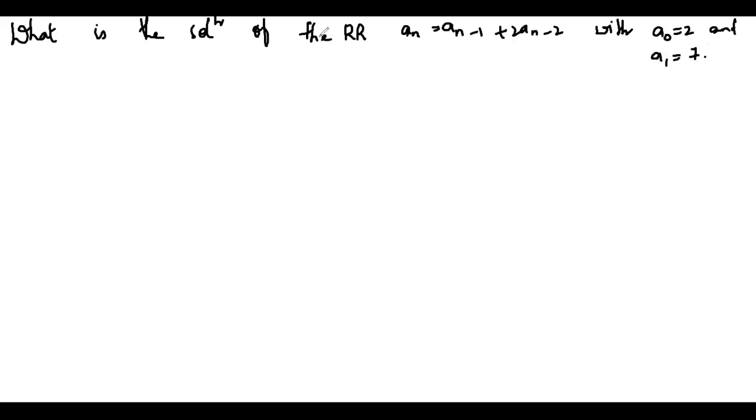Now we have been given the recurrence relation as this: an is equal to an minus 1 plus 2an minus 2, and a0 and a1 are also given.